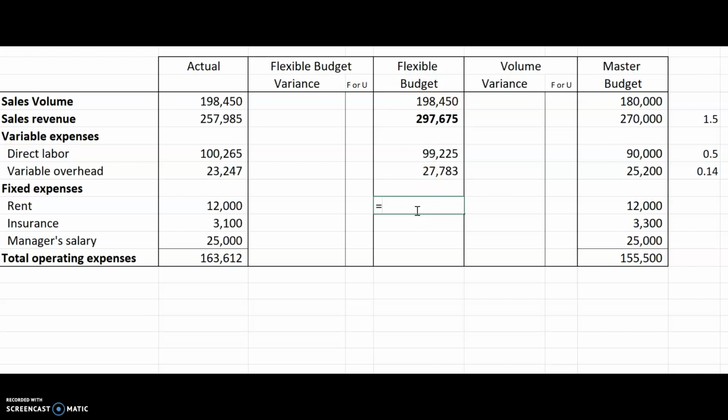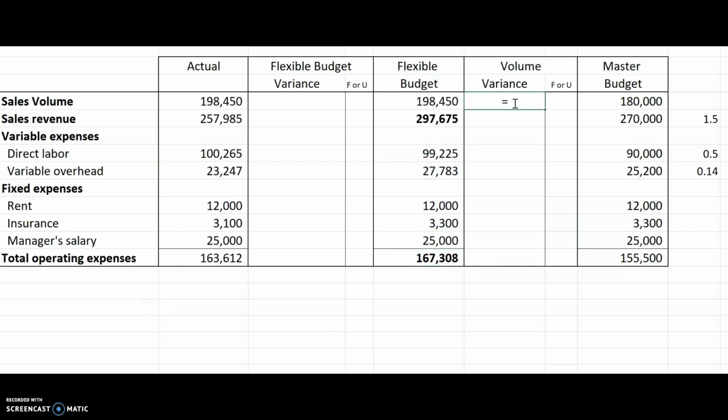Our fixed expenses on our flexible budget are going to be the same as they were shown on the master budget. So for our total operating expenses, we add up our variable and our fixed, which comes to 167,308.